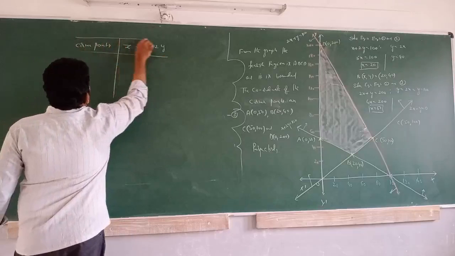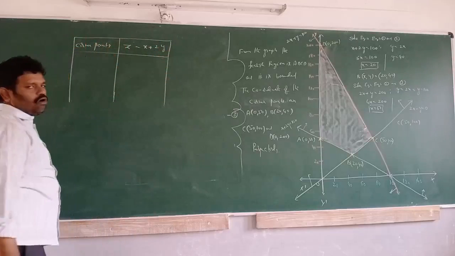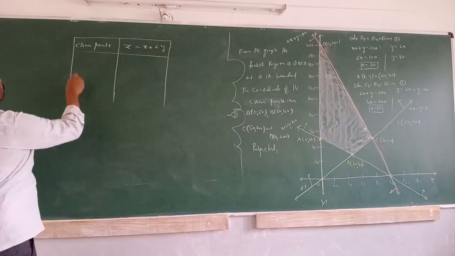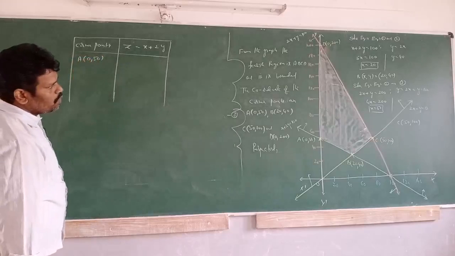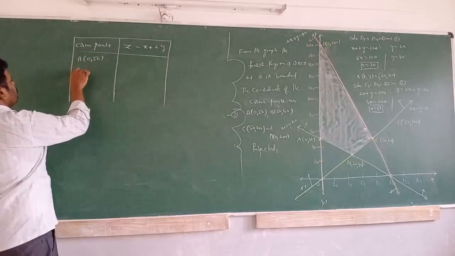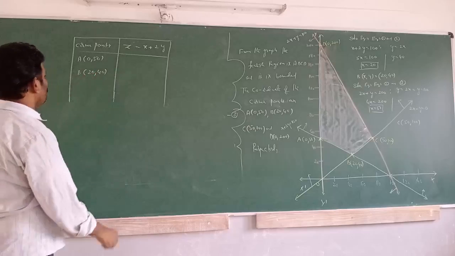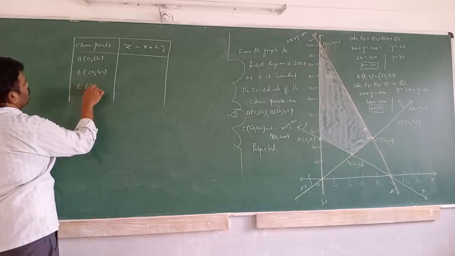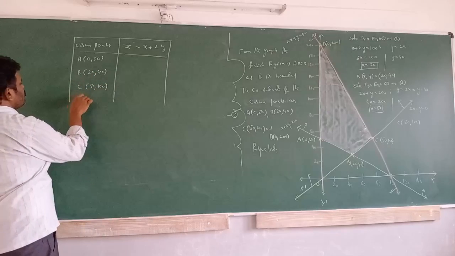If we substitute the corner points in the objective function, we get the maximum or minimum values. First A of 0, 50, next B of 20, 40, next C of 50, 100, next D of 0, 200.